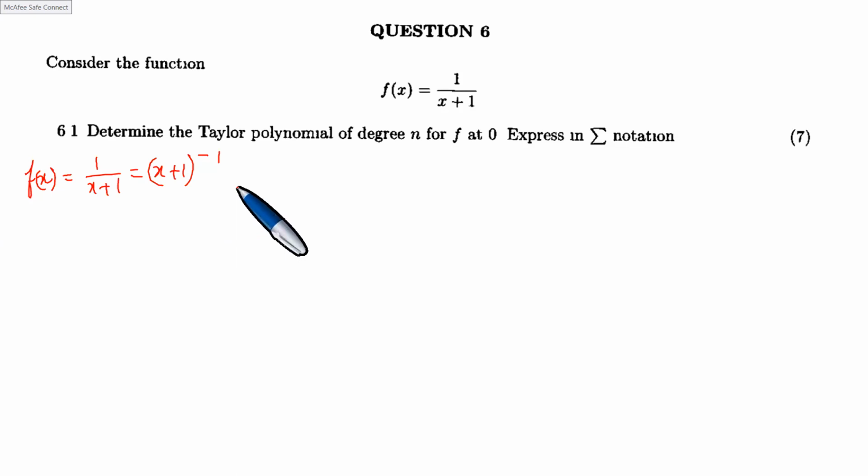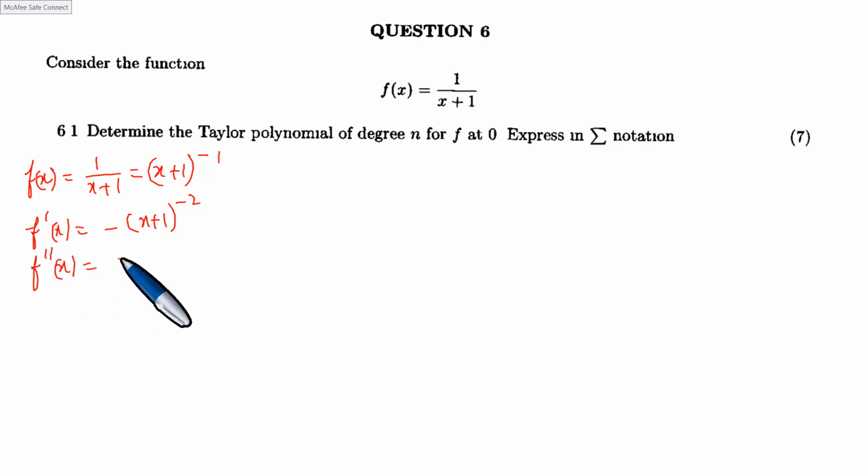Right. So what we do then, we write first the polynomial given. The next thing is we find the derivative of the polynomial. So the derivative is going to be minus (x plus 1) to the minus 2. We find the second derivative, and it is exactly minus 1, and then there's minus 2 using the power rule.